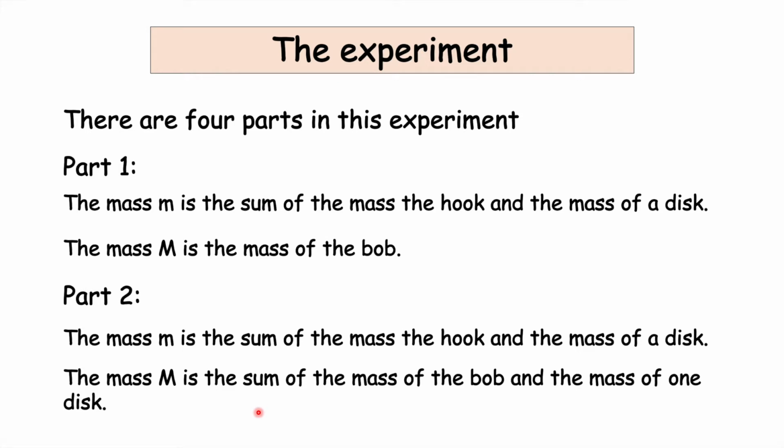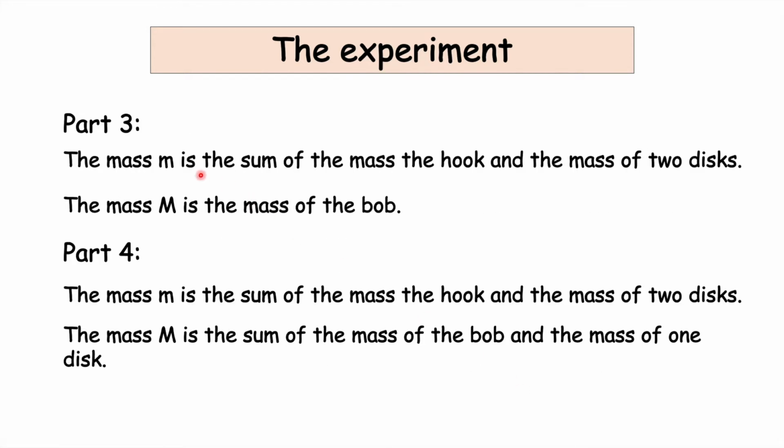There are 4 parts in this experiment. Part 1: the mass with lowercase m is the mass of the hook plus the mass of a disc. The mass with the capital M is the mass of the bob. In part 2, we change only the mass with the capital M to be the mass of the bob plus the mass of one disc.